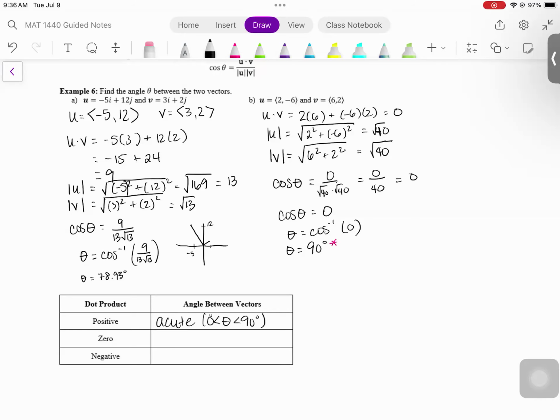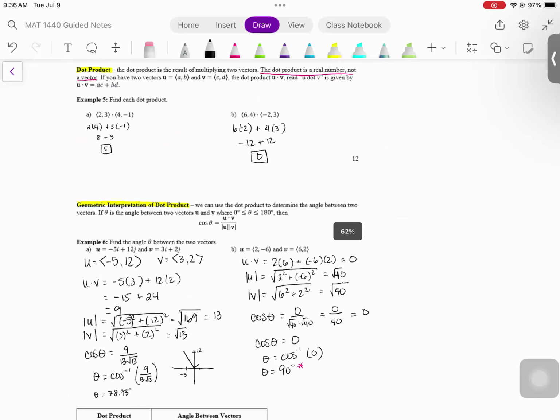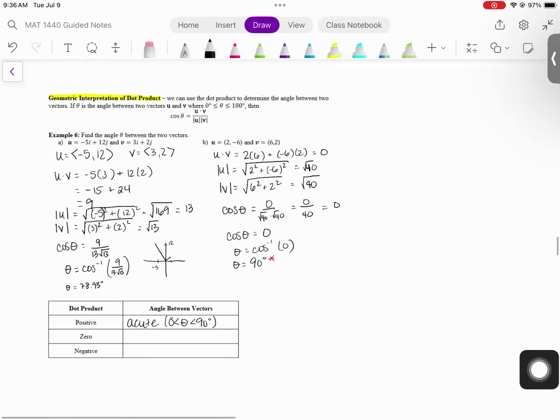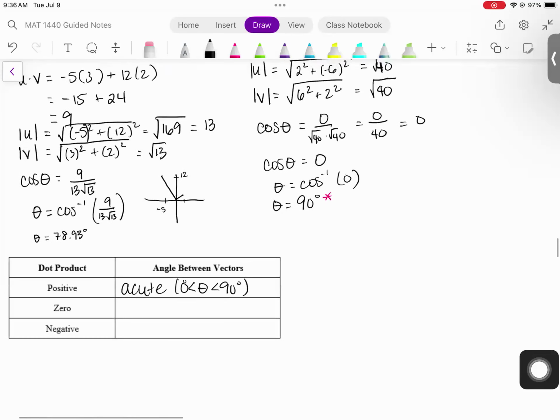If the dot product is 0, which we've seen twice now, in an example up here and in this most recent example, then the angle between the two is a right angle, or 90 degrees.